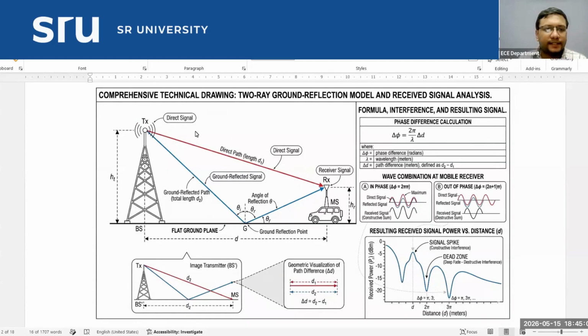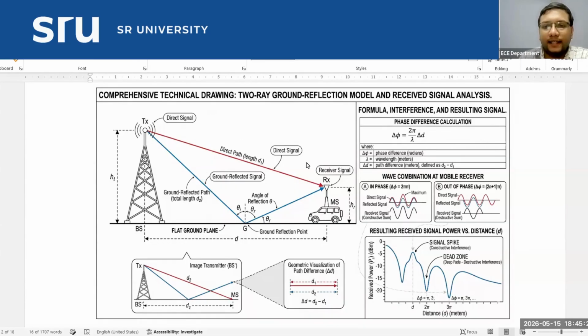When the signal is reaching from the transmitter to receiver through different paths, definitely, due to the path length, the signal is traveling some path through this direct path and another path through this reflected path. So signal is actually traveling two different paths.